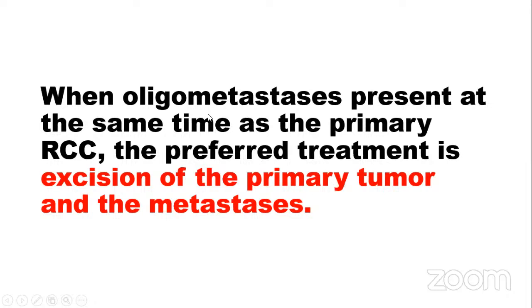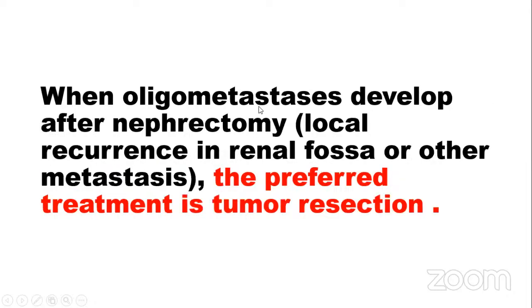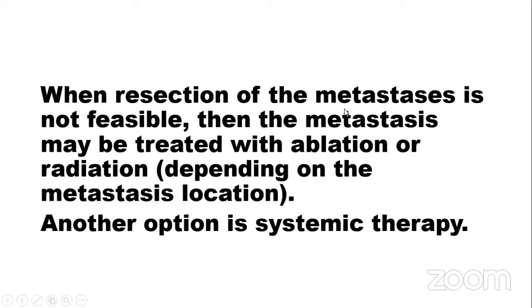When oligometastasis develops after nephrectomy, as local recurrence in the renal fossa or other metastases, the preferred treatment is tumor resection. When resection of the metastasis is not feasible, then the metastasis might be treated with ablation or radiation, depending on the metastasis location.